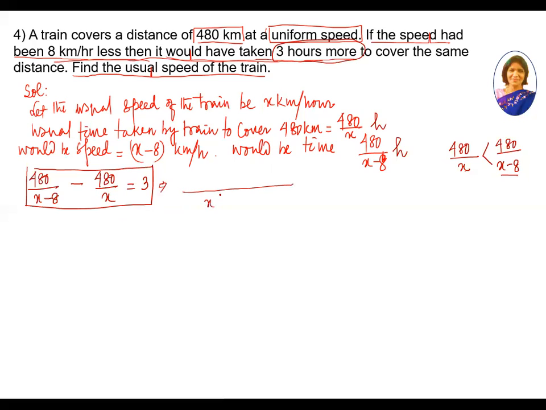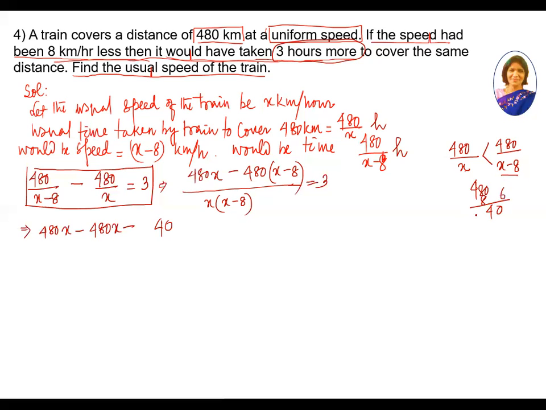So it will be x into x minus 8. Here we multiply: 480x minus 480 into x minus 8 is equal to 3 into x into x minus 8. Or 480x minus 480 multiplied by 8, that is 3840.